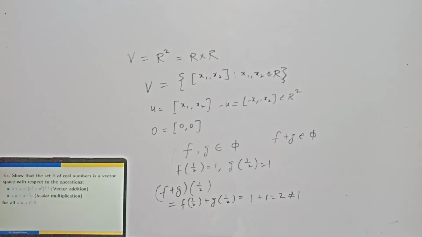Now look at this example. Show that the set R of real numbers is a vector space with respect to these two operations. What is the first operation? u plus v, how to solve it? u, v are real numbers, it is given. u power 5 plus v power 5 and then whole power 1 by 5.